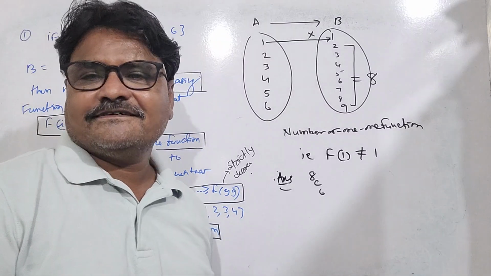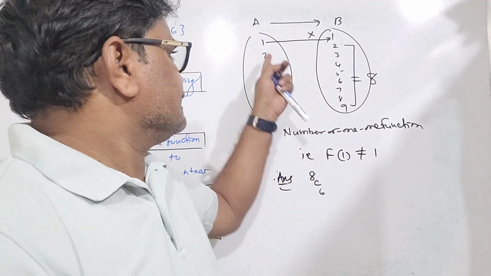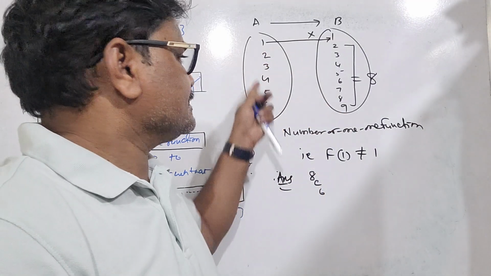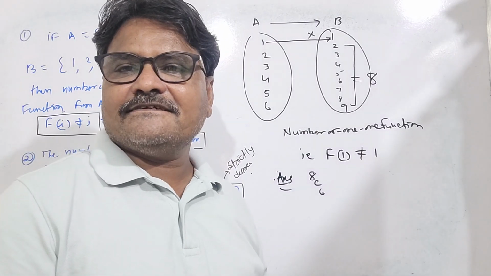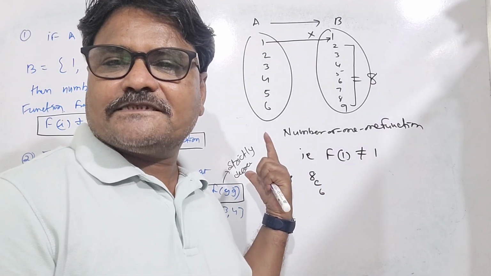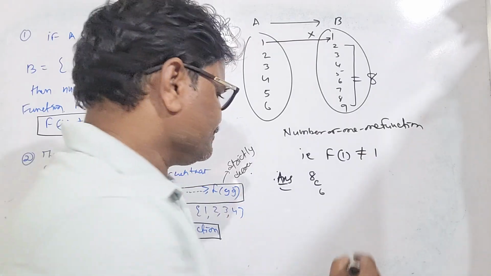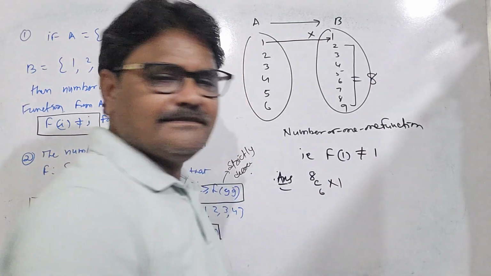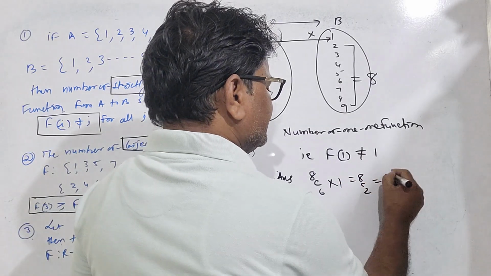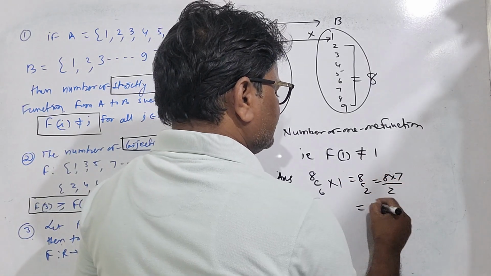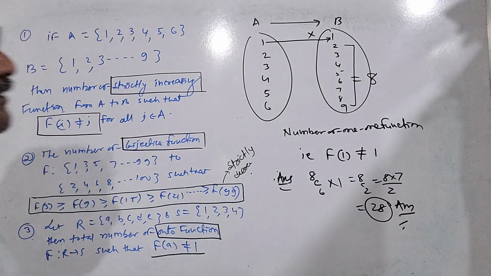If we select these 6 elements, now we can associate 1, 2, 3, 4, 5, 6 with these 6 elements in such a way that the function becomes strictly increasing. There is only one way we can arrange them. So this is into 1. Correct. So finally 8C6, that is 8C2, that is 8 into 7 divided by 2, that is 28 is your answer. 28 is your answer.